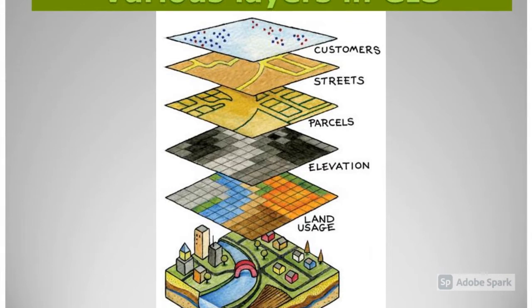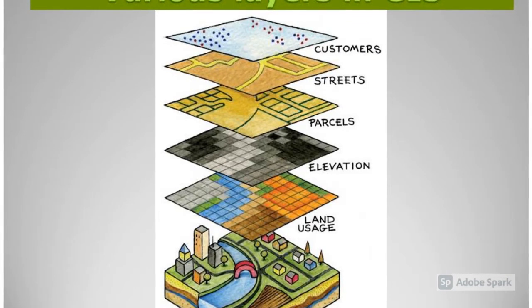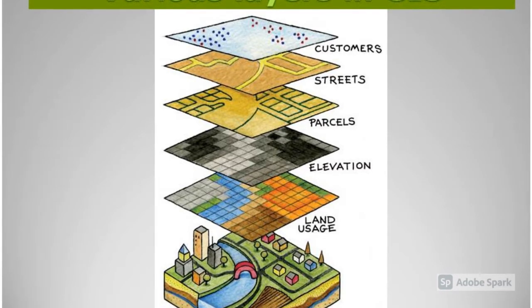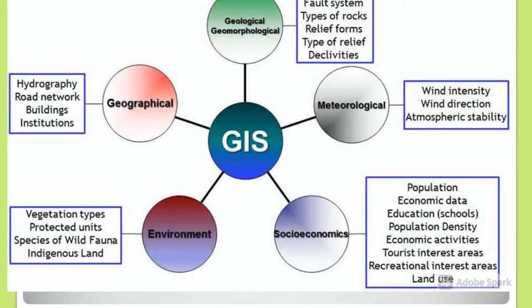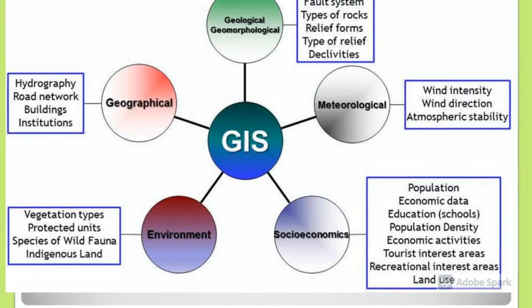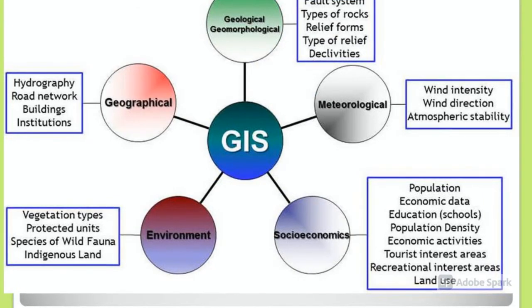The various themes of the same area, such as land cover, land use, water, soil, street, can be integrated to reveal relationships, patterns, and trends in the form of maps, globes, reports, and charts. A GIS is a computer application program that stores spatial and non-spatial information in a digital form.